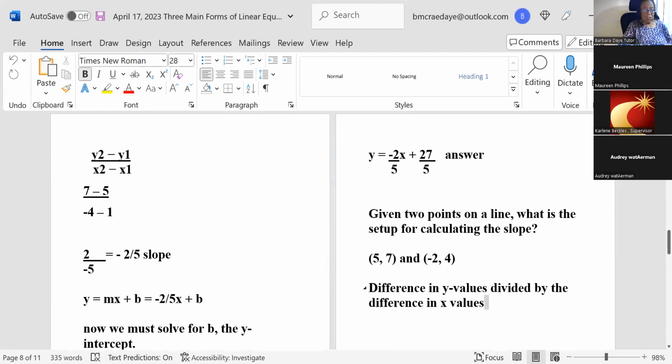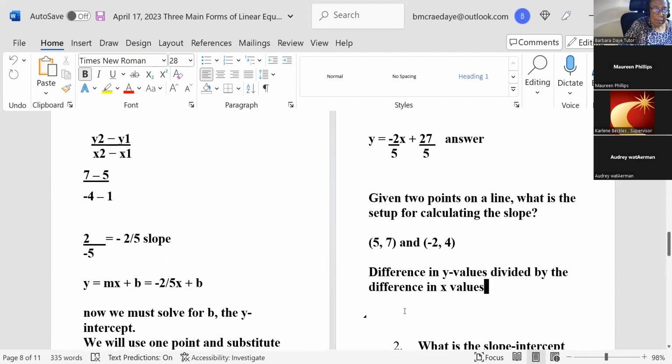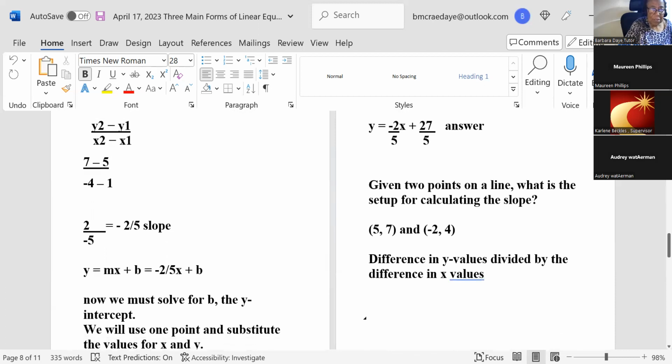Subtraction and a division. Subtraction of the y values divided by the subtraction of the x values. And what I'm suggesting is that you label these, whichever ones you want as your x1 and y1, put a little label on top. All right, and then tell me what's the correct setup. Can you just do that for me?